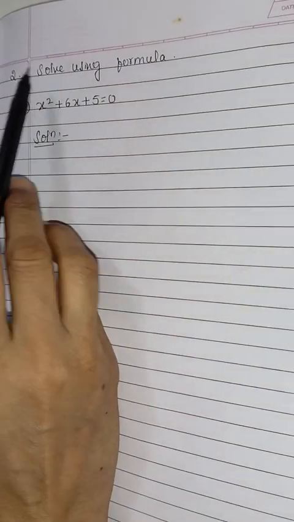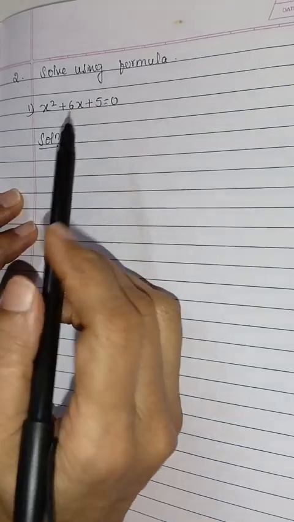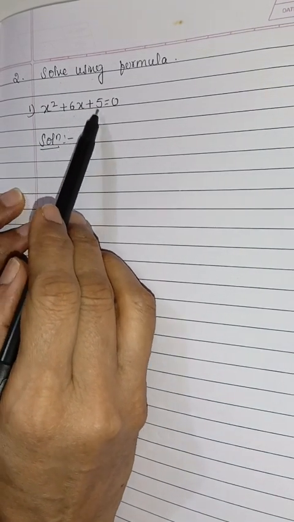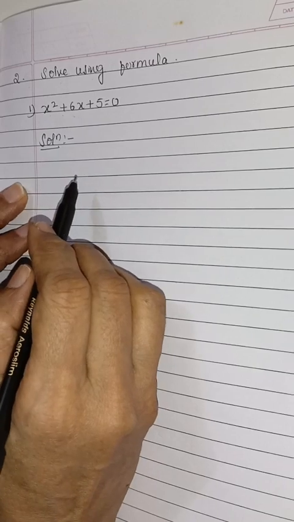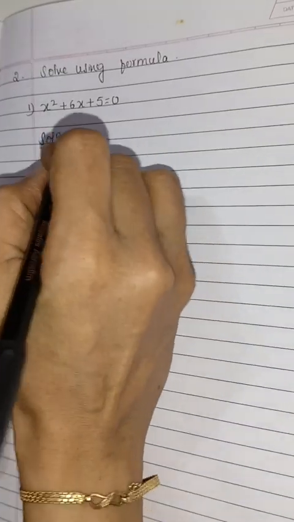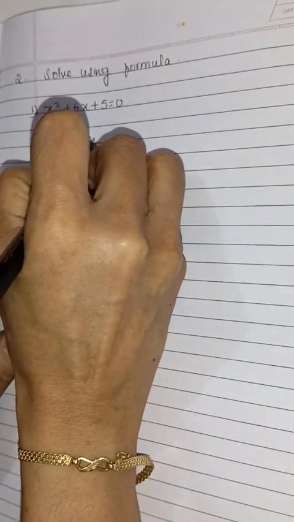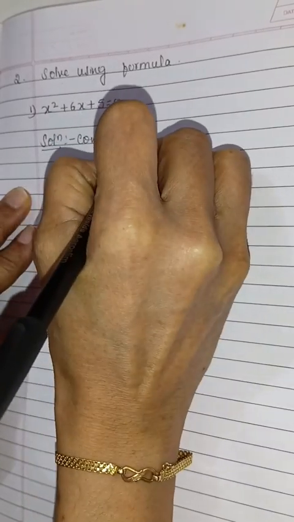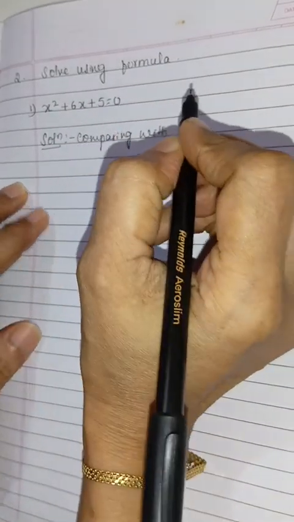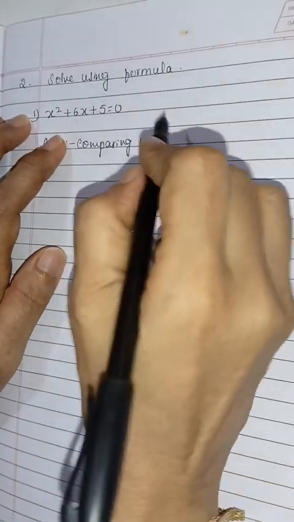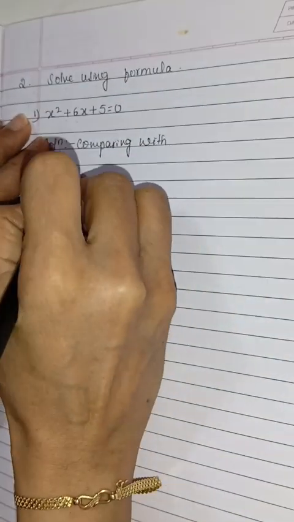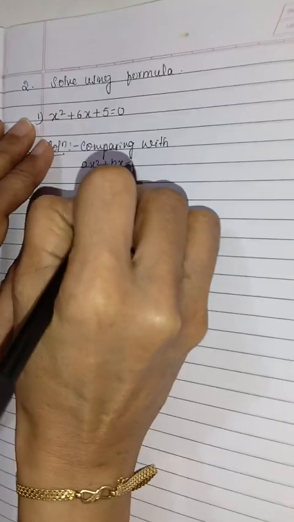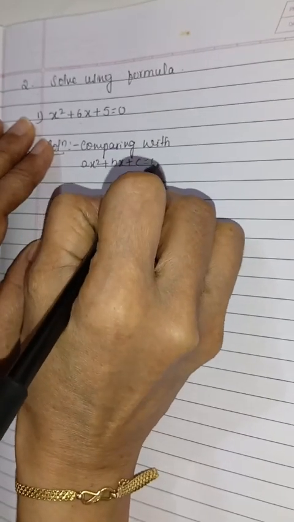Second one is solve using formula. First one is x square plus 6x plus 5 equal to 0. Now comparing with the standard formula, that is ax square plus bx plus c equal to 0.